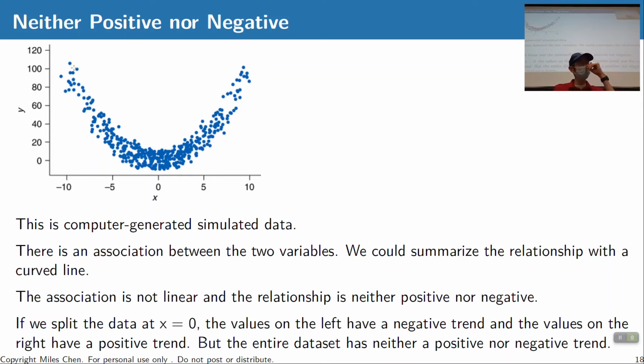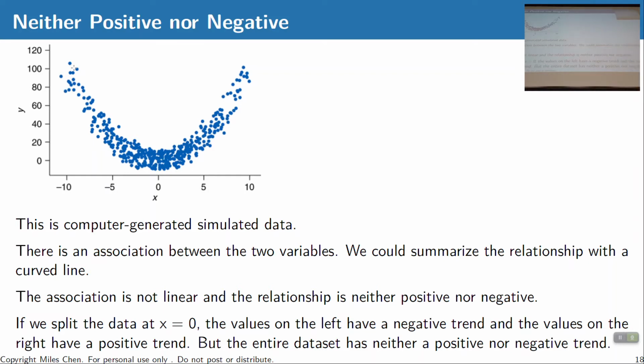The words positive and negative really mostly apply when overall a straight line kind of does the trick. It doesn't have to be exactly a straight line, but here it is not linear and it is not entirely positive or negative.